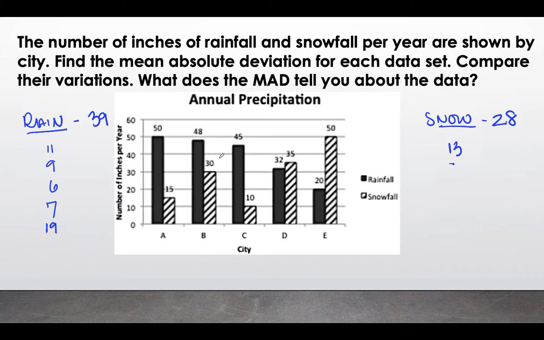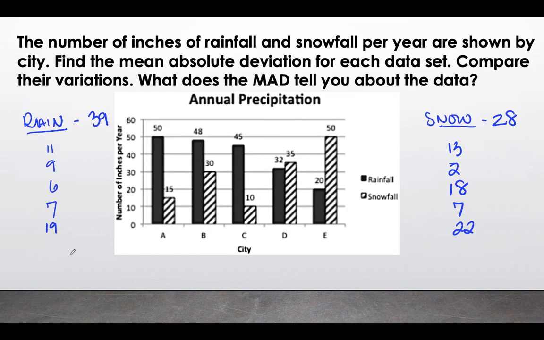The second city, 30 inches, is 2 inches away from the mean. 10 is 18 away from the mean. 35 is 7 away from the mean. And finally, 50 is 22 inches from the mean.